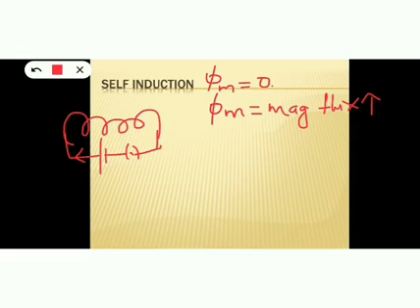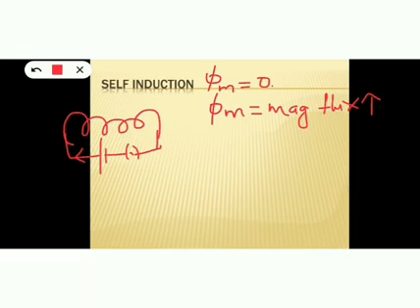That means it always tries to oppose the growth of current through the coil, because the flow of current through the coil is responsible for that induced EMF, and that induced EMF always tries to oppose its cause. So here a current is induced in this coil due to the change in magnetic field associated with the same coil itself.